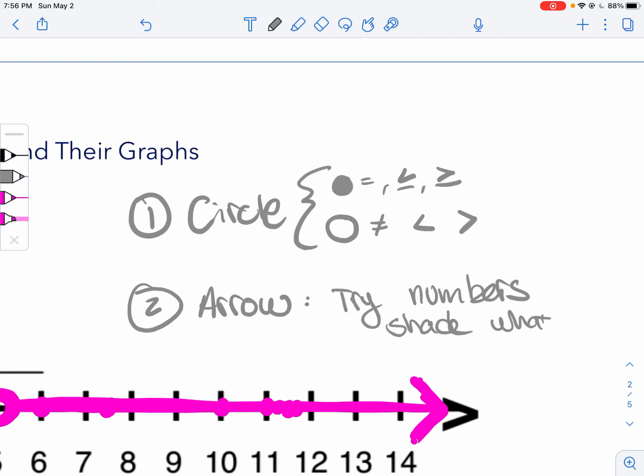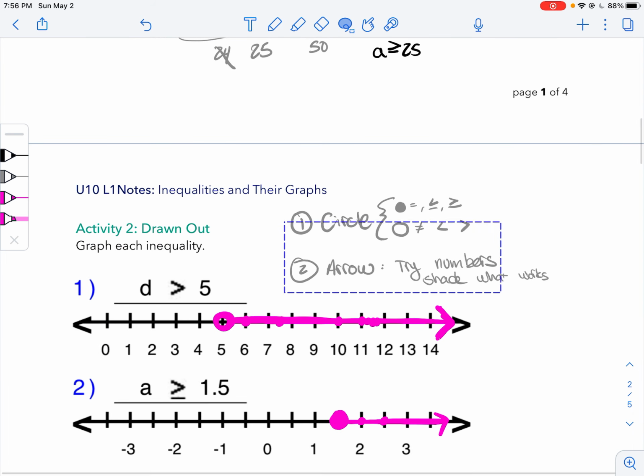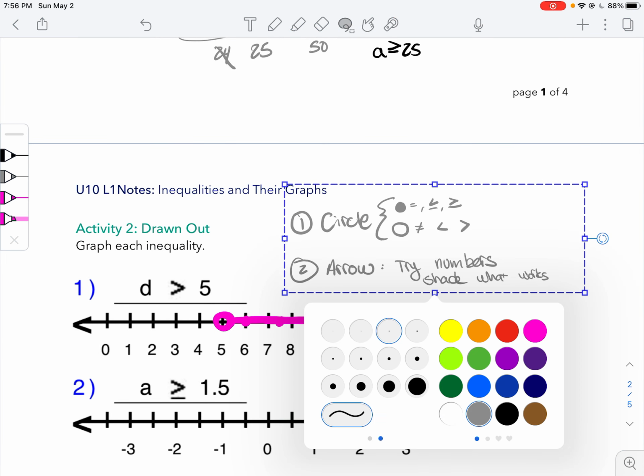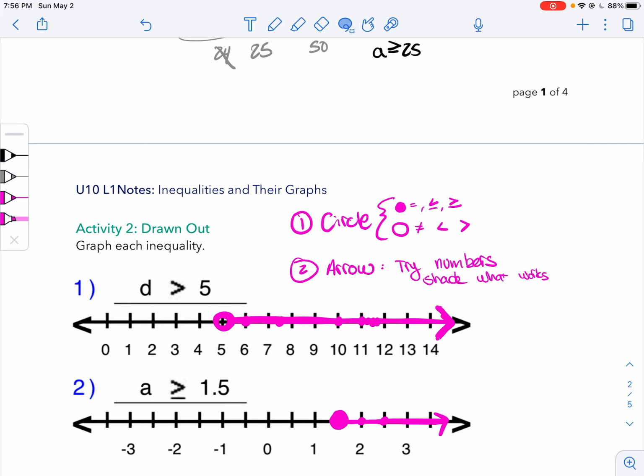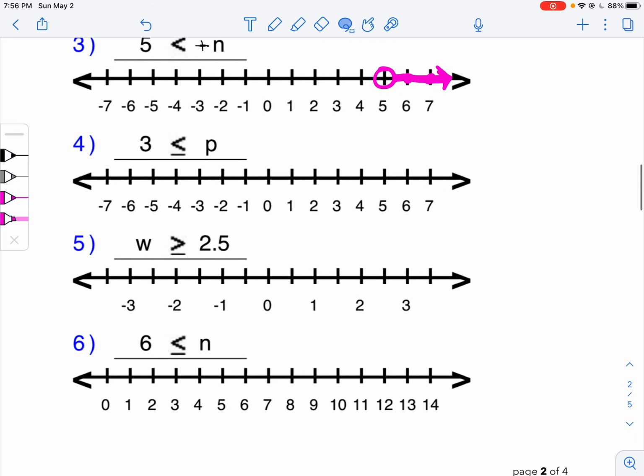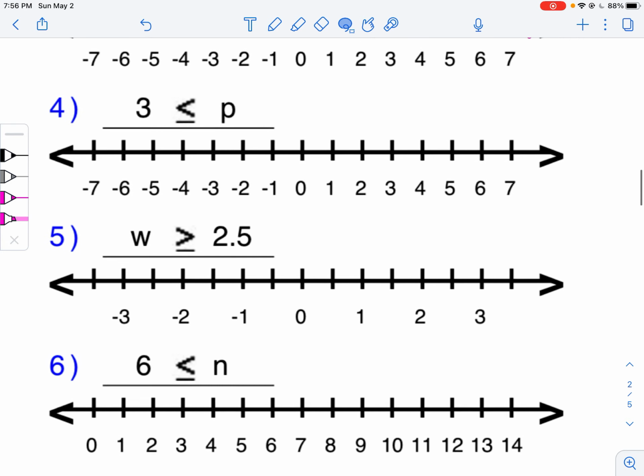Shade what works. By the way, I've been using a pencil this whole time. If you want to use a highlighter, that's great. I'll show you what that looks like. So 3 is our number in focus. You'll notice we have an equal to, so that's going to give us a circle that is solid at 3. And now we want to try numbers that work. So if we have 3 is less than or equal to p.